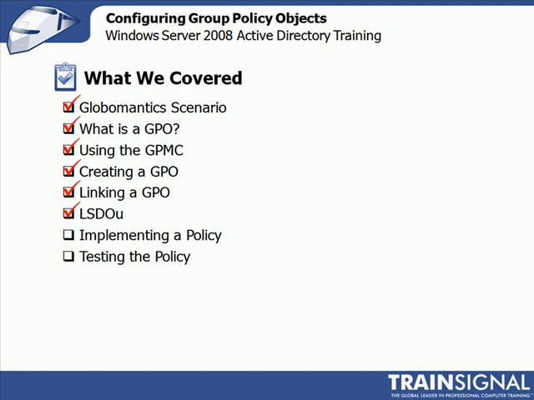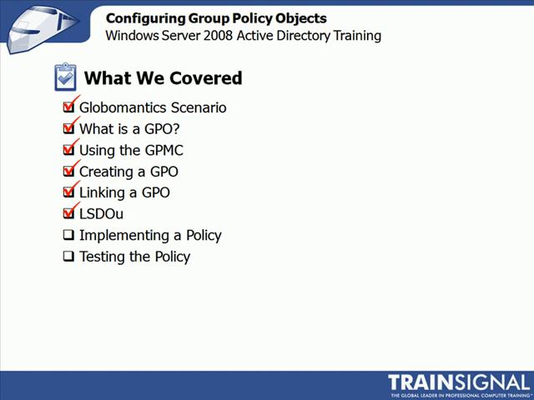We talked about LSDOU. And one extra thing I want to talk to you about real quick when it comes to LSDOU. The one thing I didn't mention, although it was kind of implied by everything that I told you, is that yes, we have this order of application and inheritance. But when it comes to GPOs and linking them, a single container can have more than one GPO linked to it, and a single GPO can be linked to multiple containers.